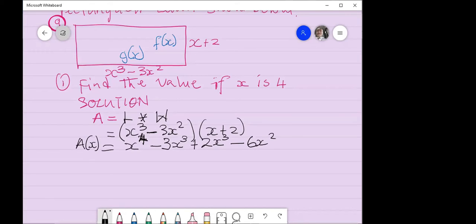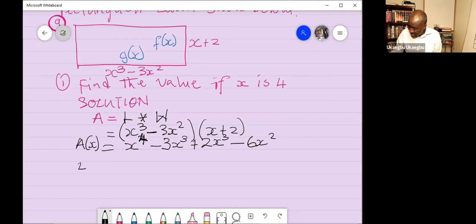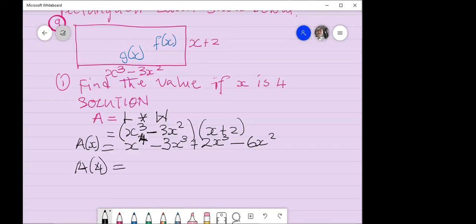And then the question says again, find the area when x is 4. Should we not combine like terms first, Mr. Cable?